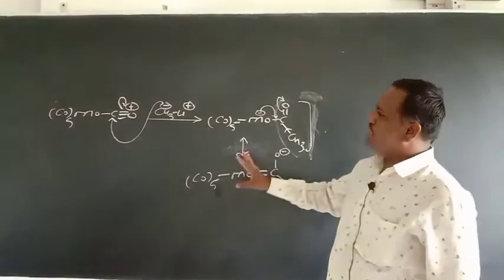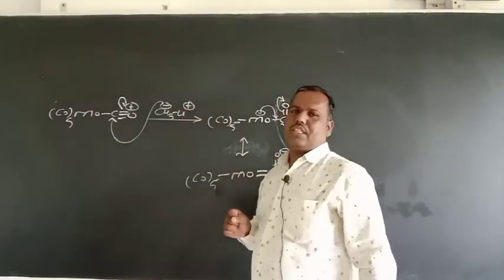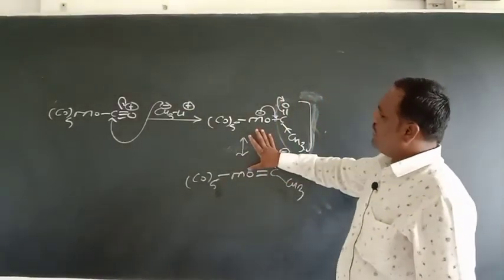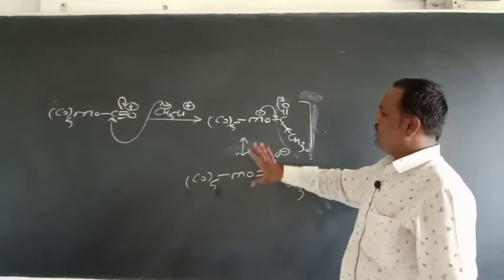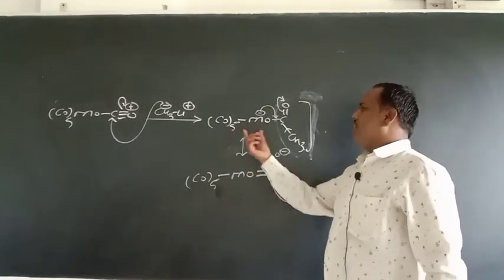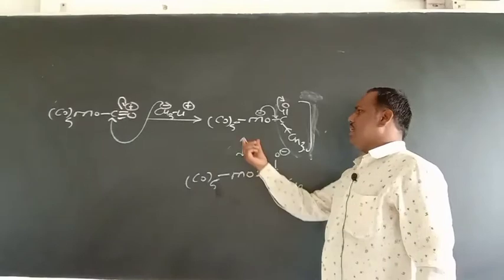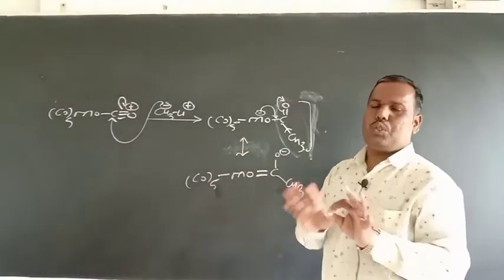Okay, so in this case there is no agostic interaction. So in this case we get only this product, the intermediate, or we get the final product this. Okay, so the intermediate does not show agostic interaction.